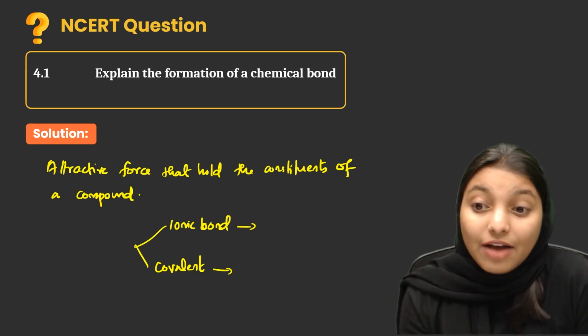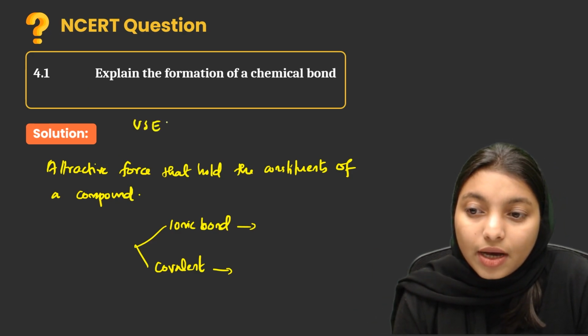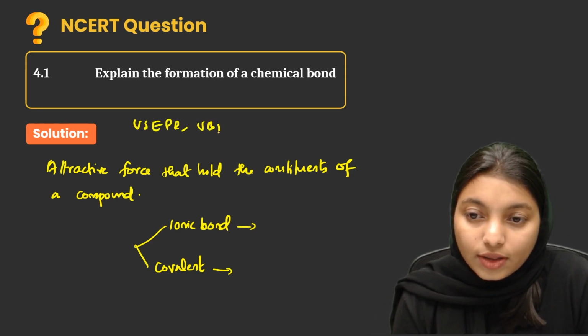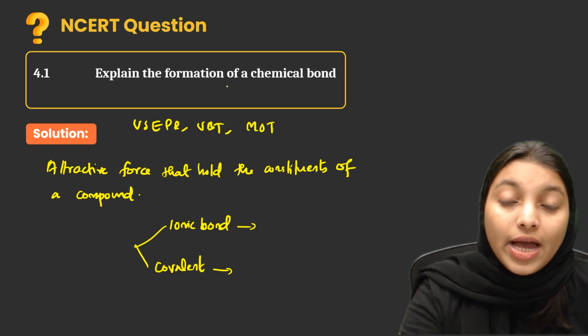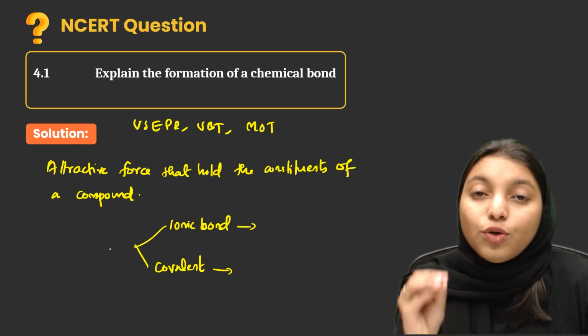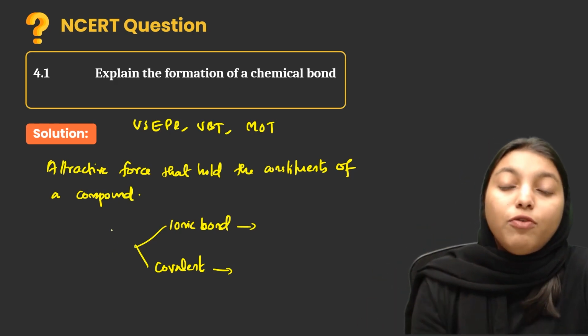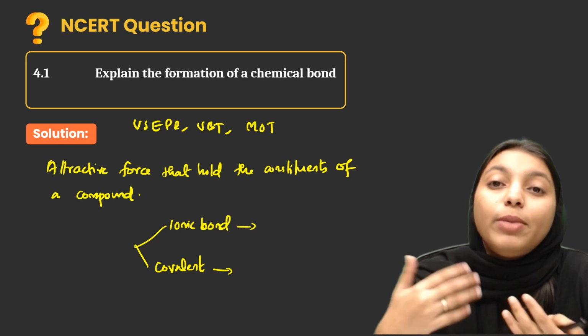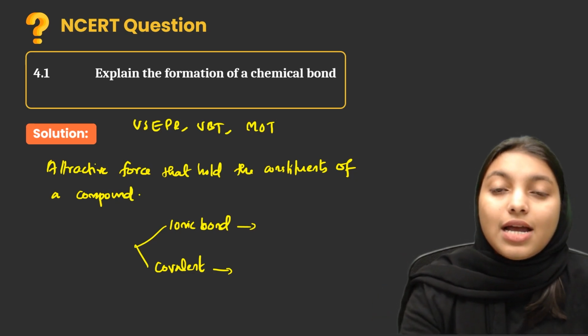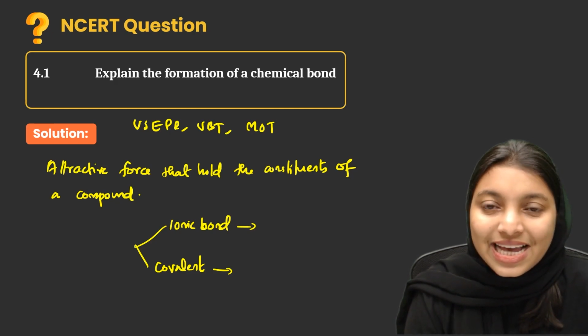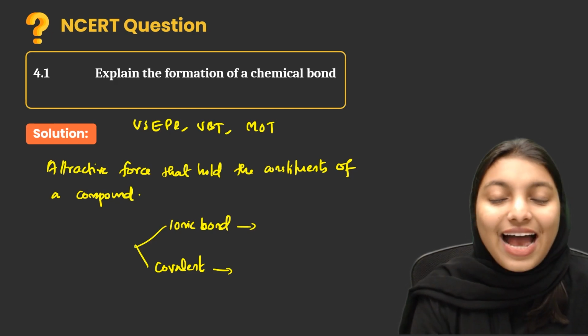And theories like VSEPR theory, valence bond theory, molecular orbital theory all explain the formation of a chemical compound. For bond formation, the criteria is to become stable, and they can attain stability by getting the inert gas configuration. I hope you understood the answer for this question.